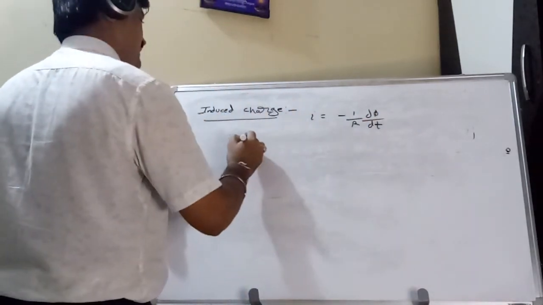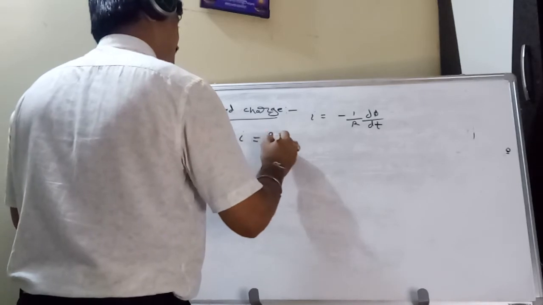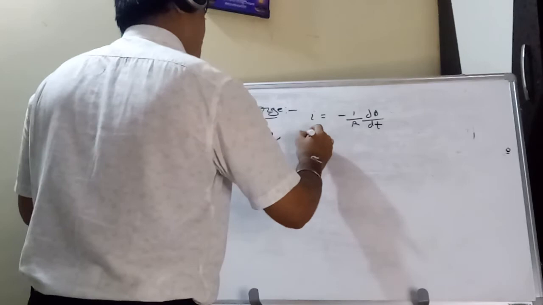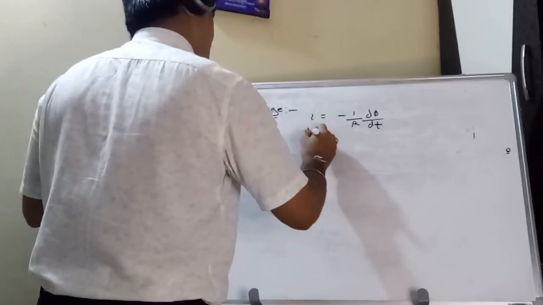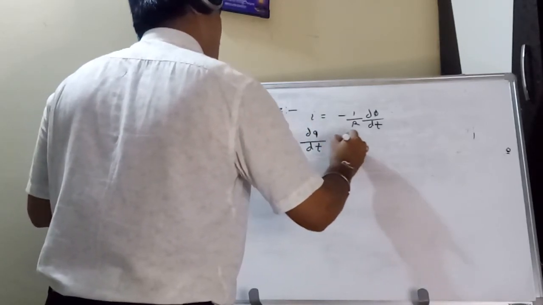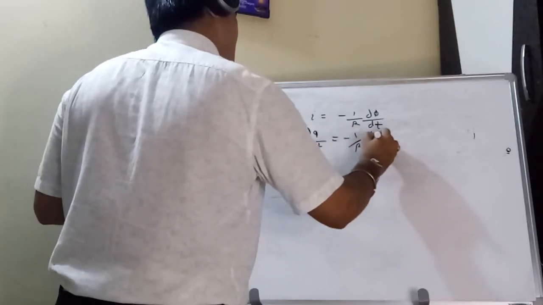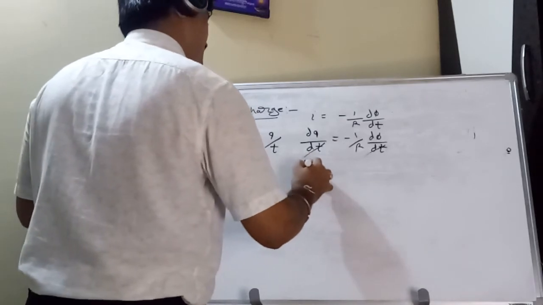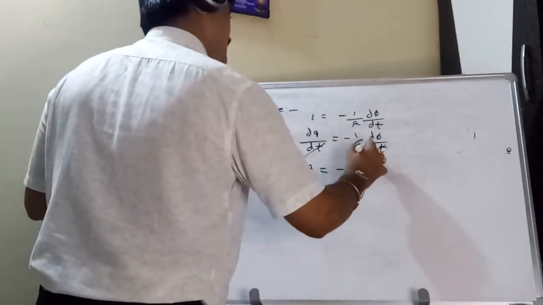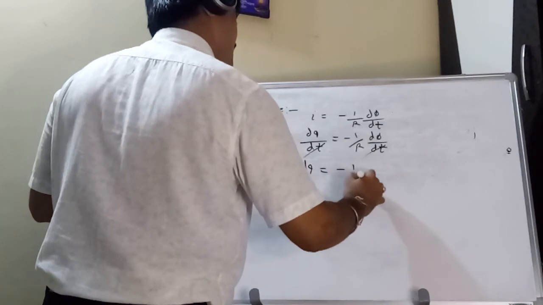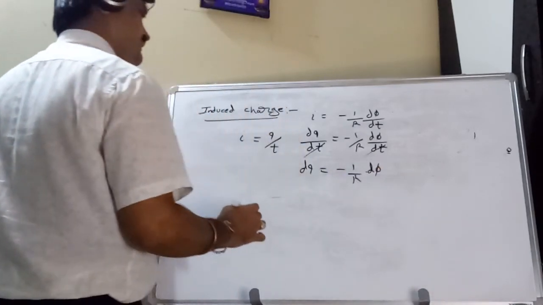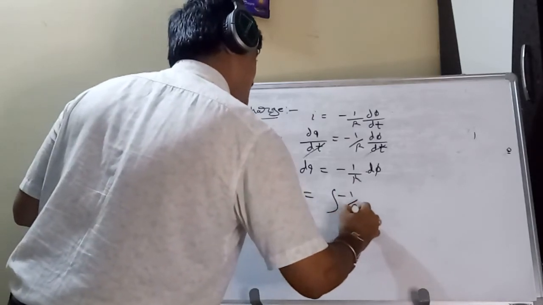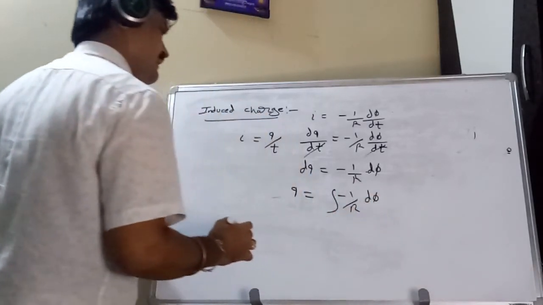Current I is equal to q by t, instantaneously dq by dt, equal to minus 1 by R into d phi by dt. So dt cancels, and dq is equal to minus 1 by R into d phi. So q is equal to the integration of minus 1 by R d phi.